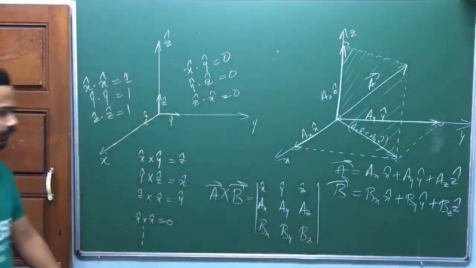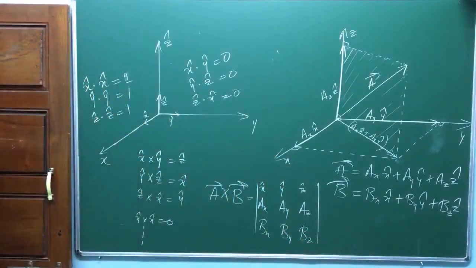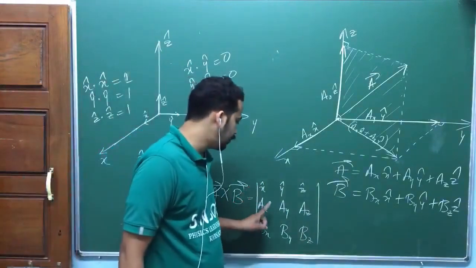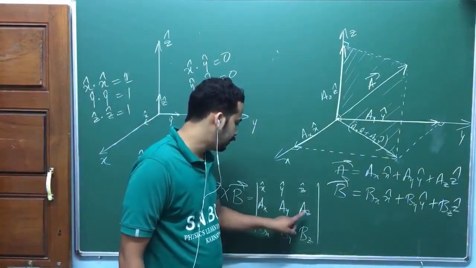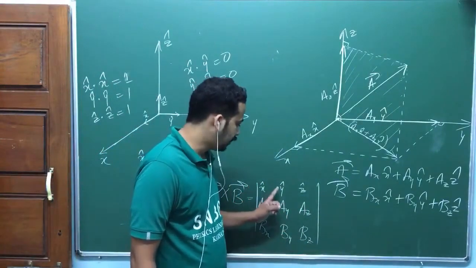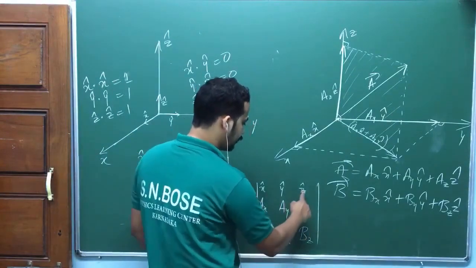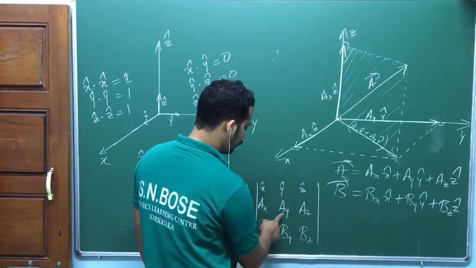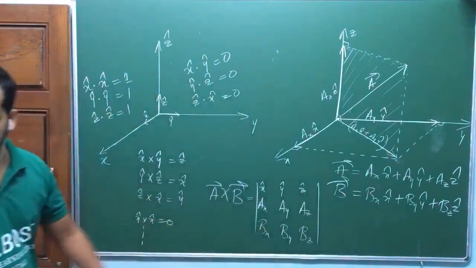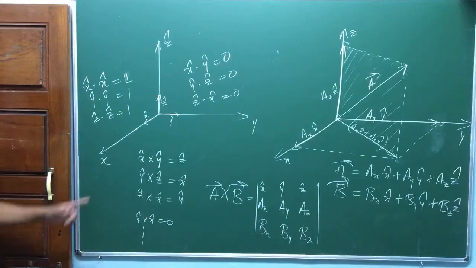I hope you know this also. That means x cap into (AY BZ minus AZ BY), minus y cap into (AX BZ minus AZ BX), plus z cap into (AX BY minus AY BX). I hope you know how to take the determinant. It's a vector.